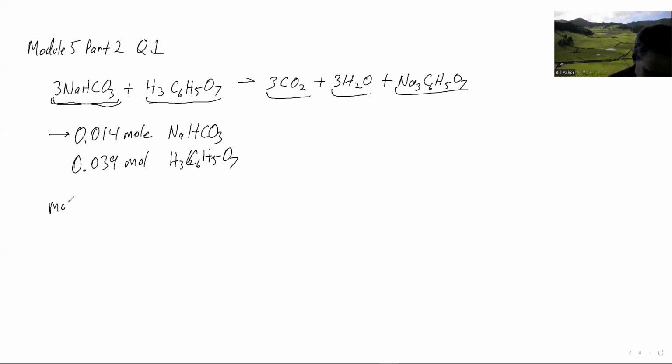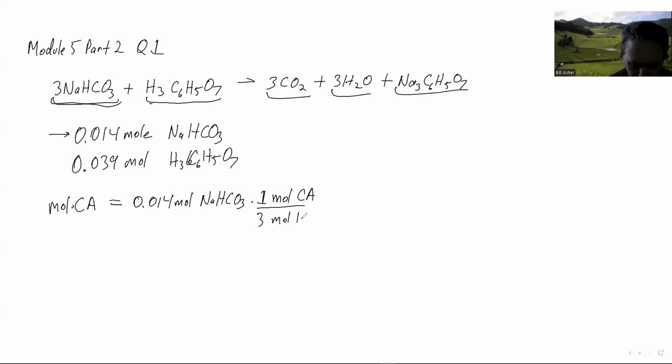So moles, and I'm just going to abbreviate citric acid as Ca, is going to equal 0.014 moles of NaHCO3. And now I'm going to form the stoichiometric ratio times 1 mole of citric acid for 3 moles of NaHCO3, right?